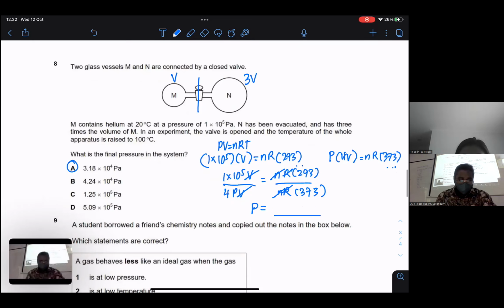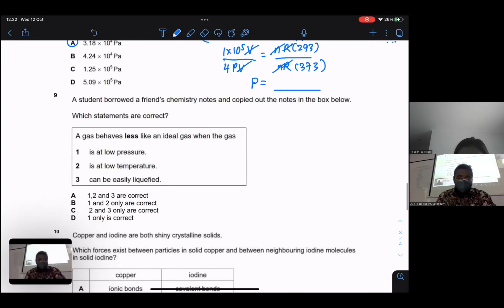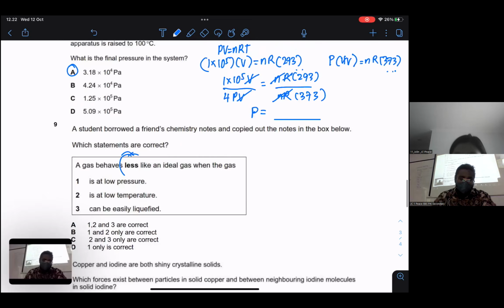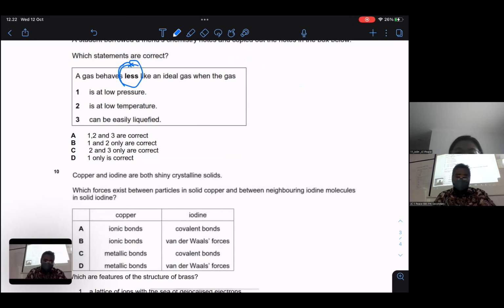Now, a student borrowed a friend's chemistry notes and copied them out. Which statement is correct? Something behaves less ideal under what condition? Ideal means you must have lower pressure, higher temperature. Less ideal means high pressure and low temperature. Yes, correct.